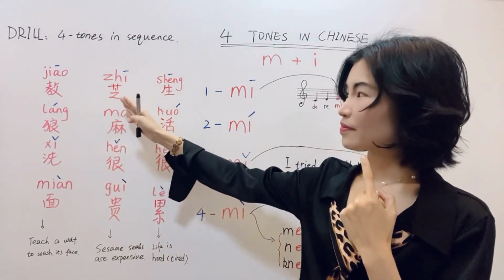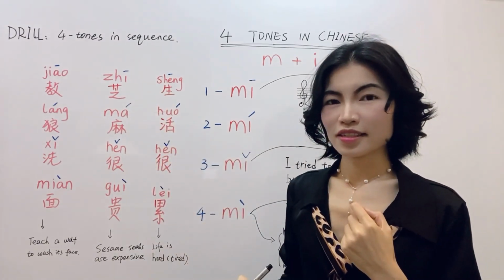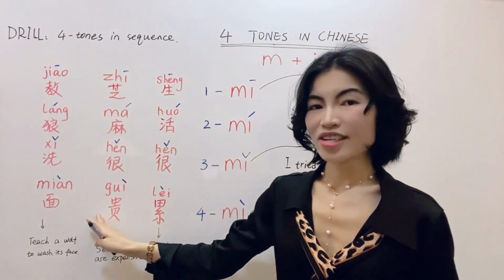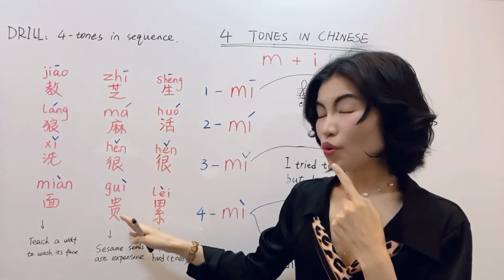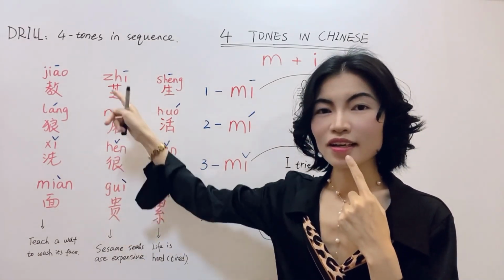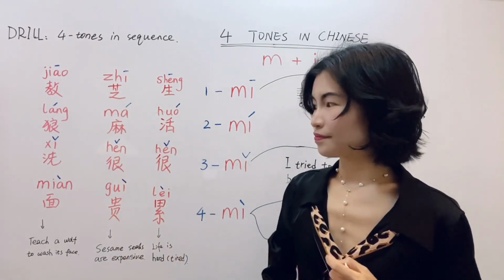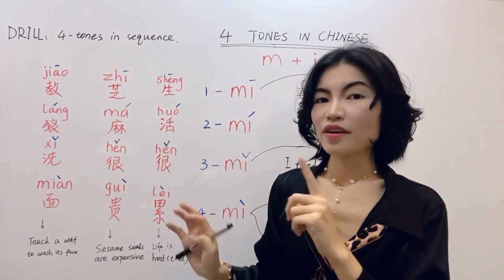One more time. 芝麻很贵. Now, removing the initials. E, R, N, Ui. Yeah, so these two characters are the same. Hen. Hen means very.